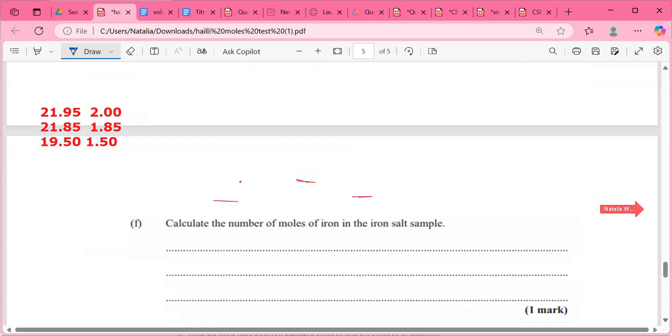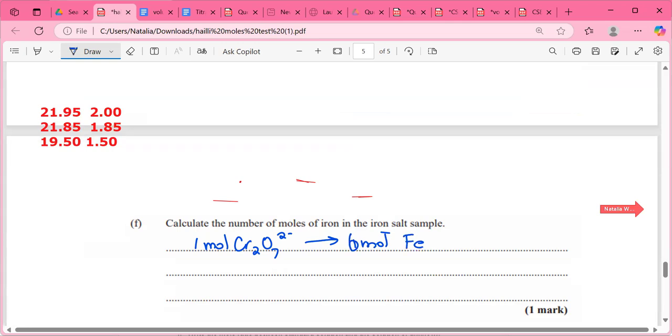Then it says calculate the number of moles of iron in the sample. So we're going to use the mole ratio. 1 mole of dichromate ions reacts with 6 moles of Fe2+.